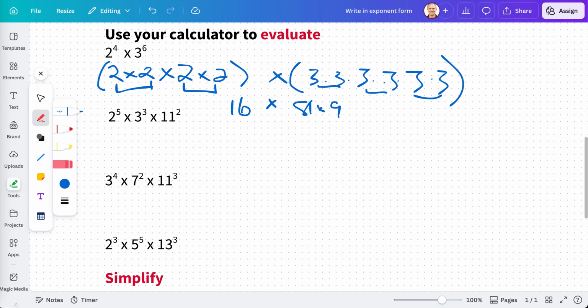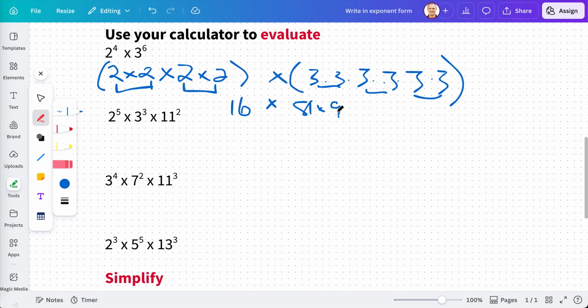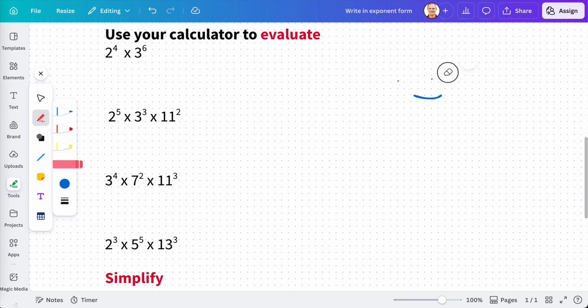That's 729 times 16. And then you type that in your calculator and find the answer. And I'm going to give myself some more room here.